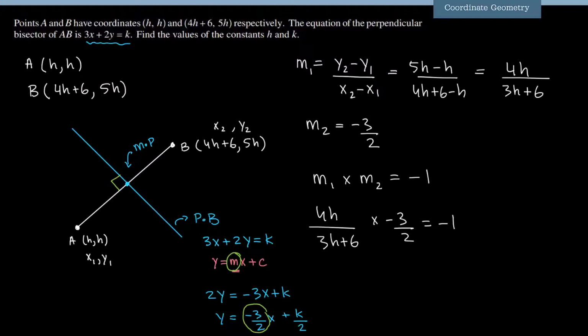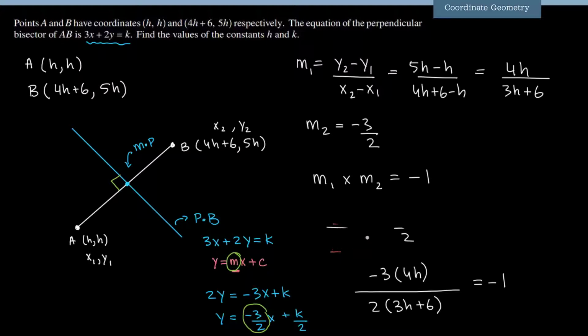The only unknown in this equation is h, so I can solve this equation for h. I'll get (-3 times 4h) divided by (2 times (3h + 6)) = -1.